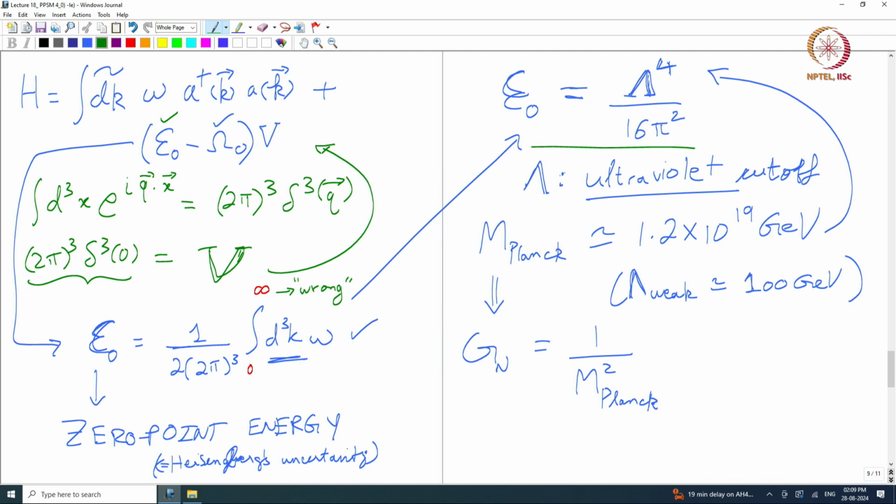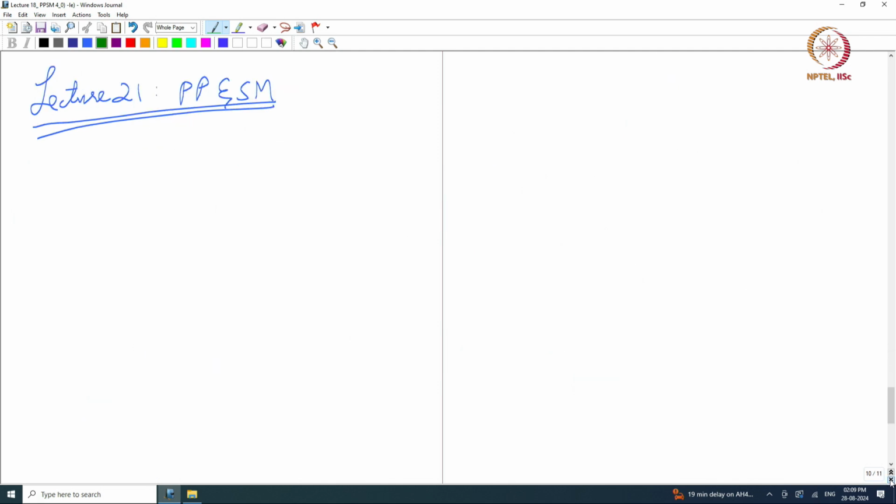Now let us compute what that value is, and something surprising will turn up at this point, alright. So let me write that thing again. Epsilon naught is lambda to the 4th over 16 pi squared, where lambda is around 10 power 19 GeV. Good.